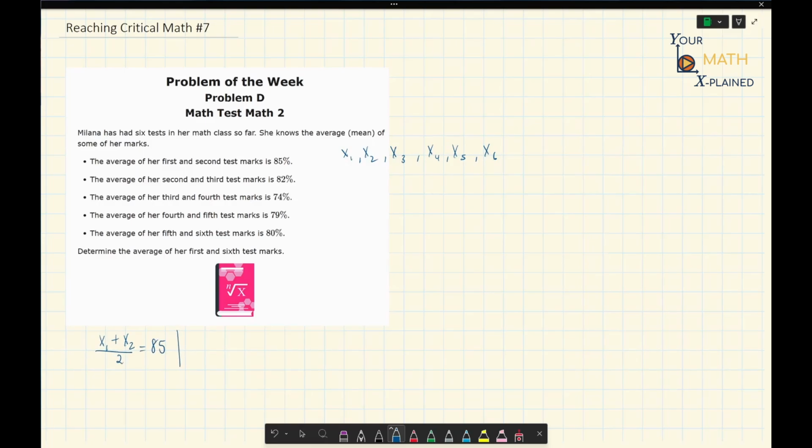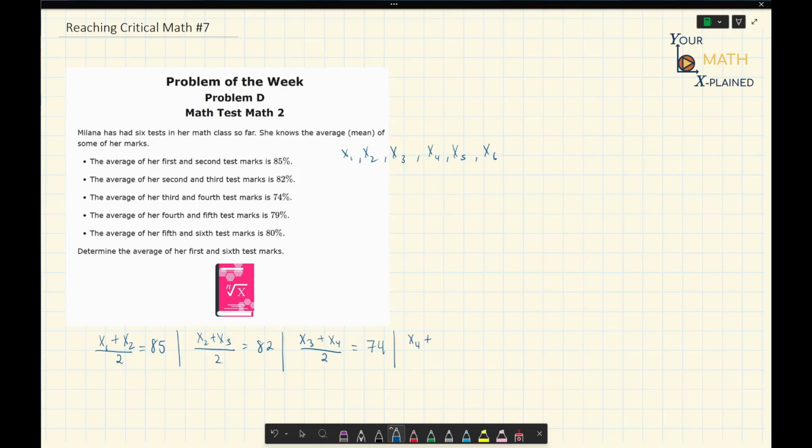And I can go ahead and create the same type of relationship for all of the other bullet points. So we see that as we write down all of these relationships, each one is giving us a pair of test scores, and we can turn it into some sort of number provided that we divide it by 2.